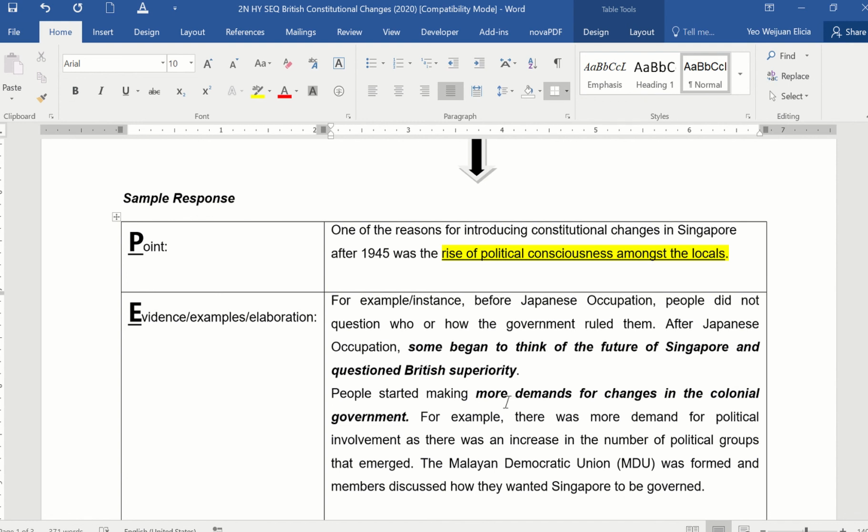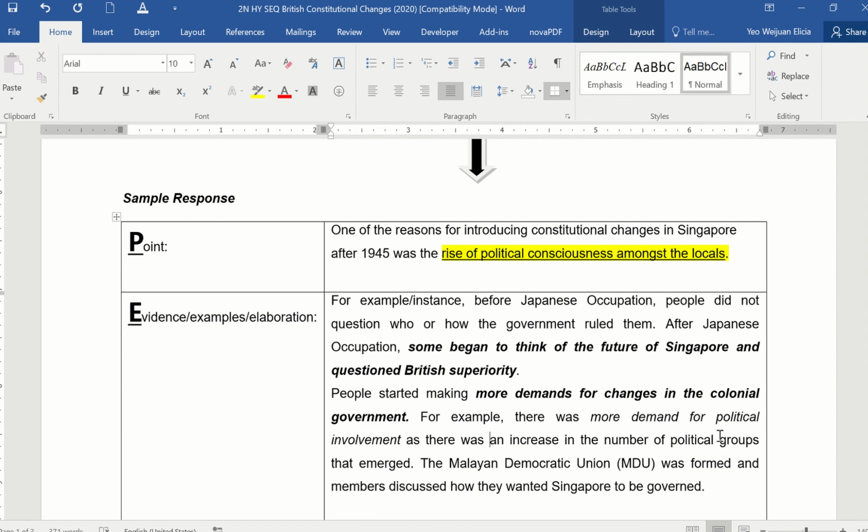The fact that there was demand for political involvement, and this is seen in the increase in the number of political groups that emerged. An example of a political group would be the Malayan Democratic Union, MDU, and the members of this MDU discussed how they wanted Singapore to be governed. Right?